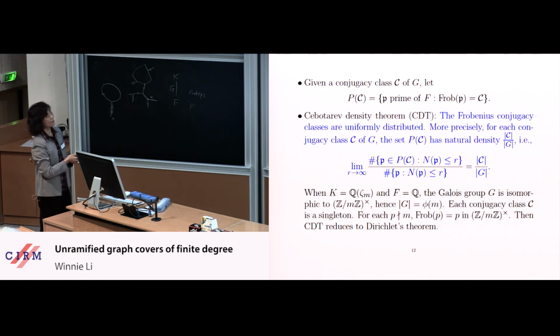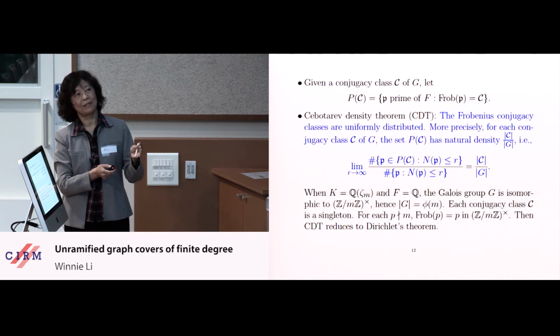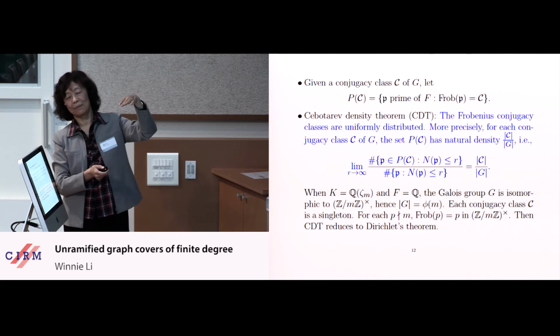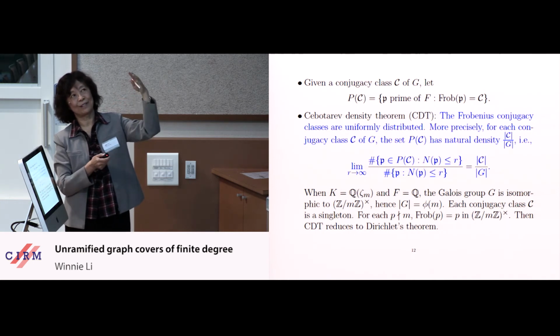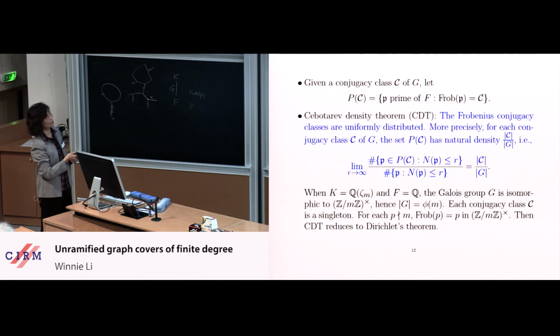Then for each prime p not dividing m, p is unramified in K. The Frobenius of p is nothing but the integer p, viewed inside (Z/mZ)^×. Namely, each element in (Z/mZ)^× corresponds to an arithmetic progression represented by some element coprime to m. So Frobenius of p being equal to that element means that p has the same residue, that it falls in the same class. So this tells you that the Chebotarev density theorem reduces to Dirichlet's theorem.